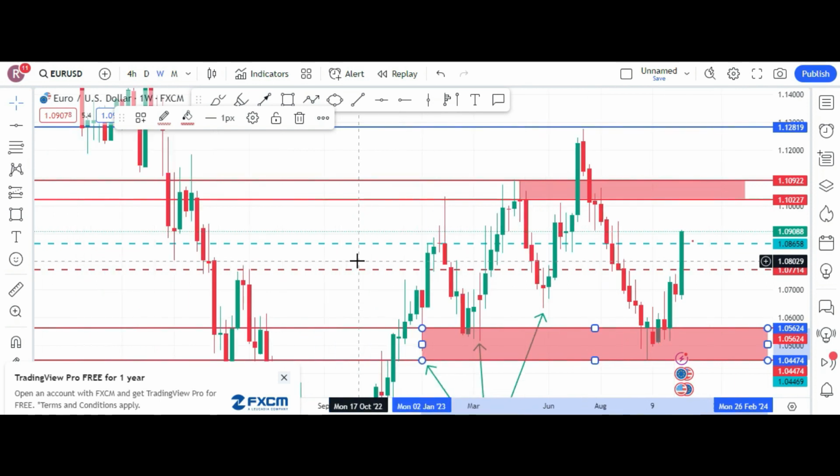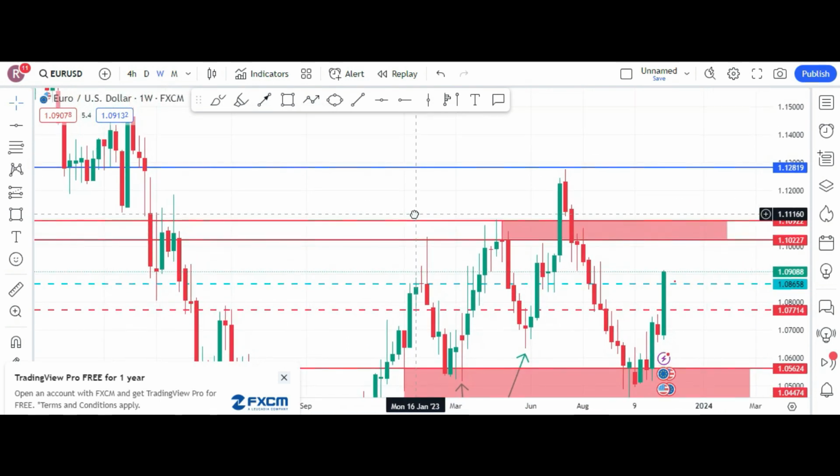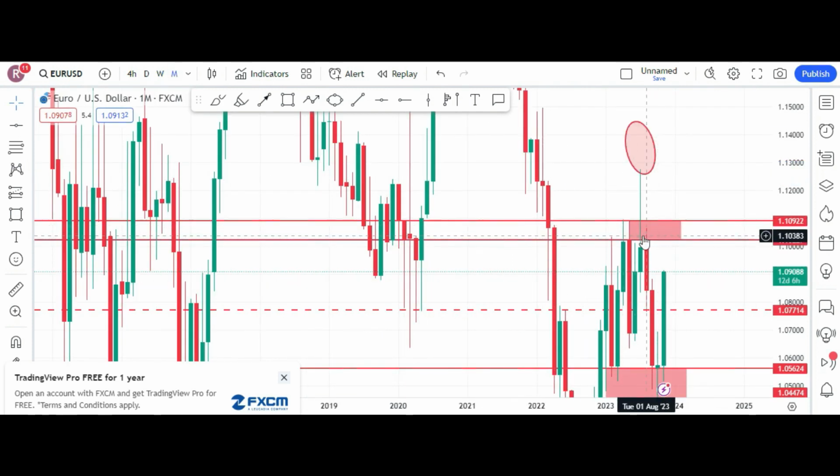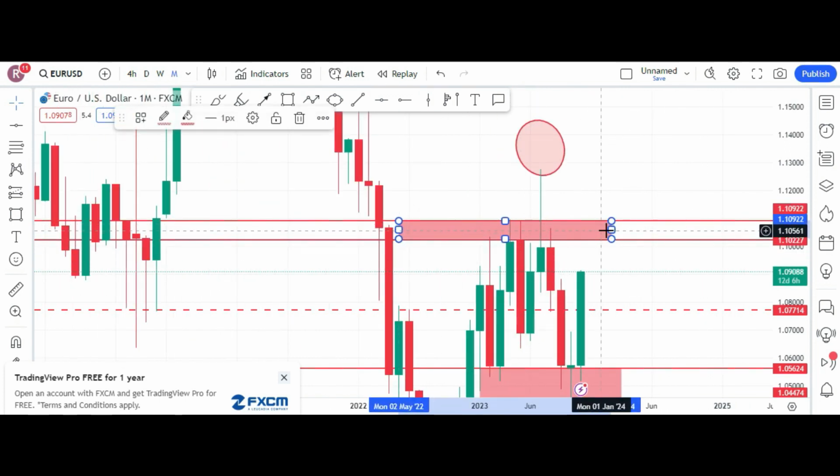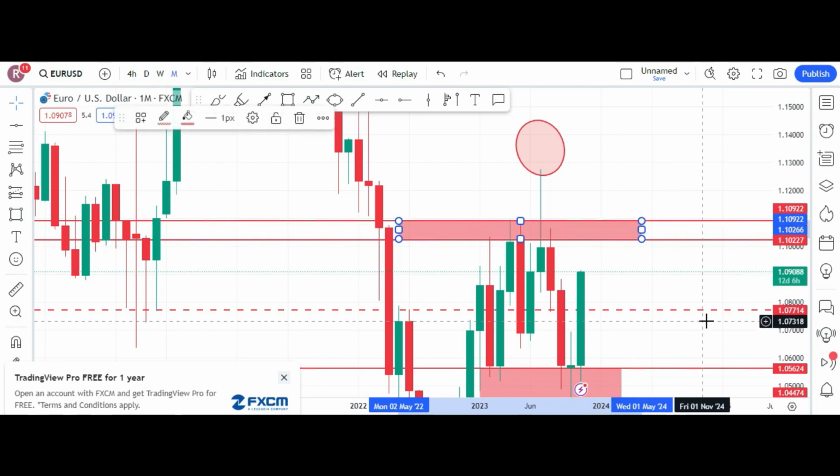Now you can see very clearly that the monthly range is here. Can you guys see? The monthly range is only here. Let me stretch it a little so it looks better.